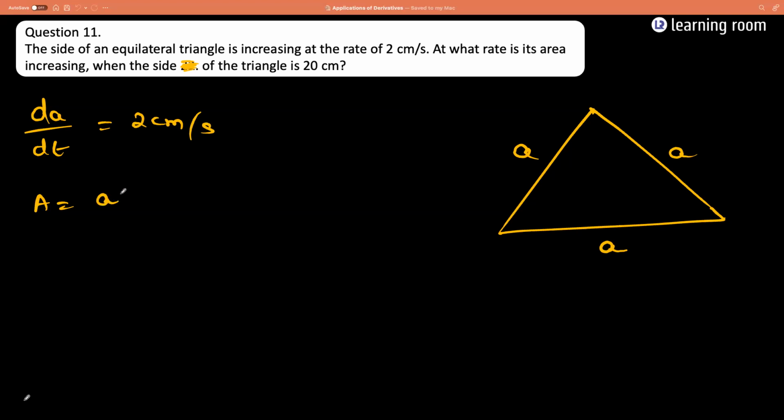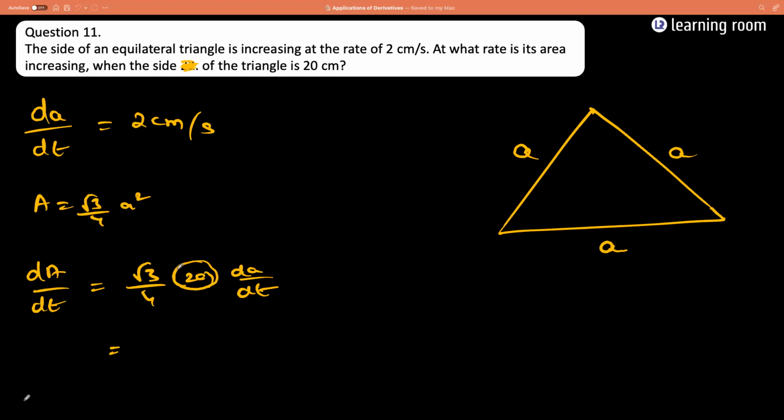So capital A is obviously, what is the area of an equilateral triangle? Root 3 by 4 A square. dA by dt is equal to root 3 by 4 into 2A into dA by dt. So root 3 by 4 into 2A is going to be 80, into dA by dt which is 2. It goes 20. So I'm getting 40 root 3.